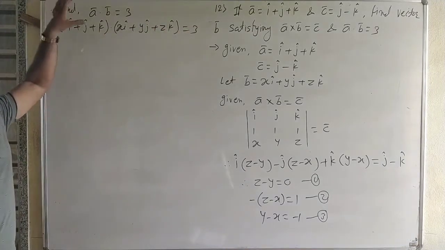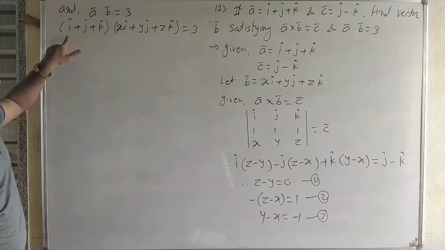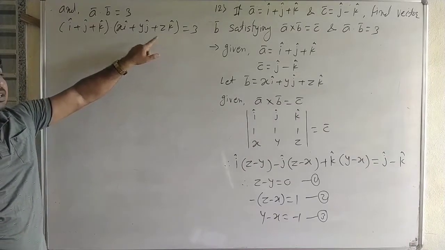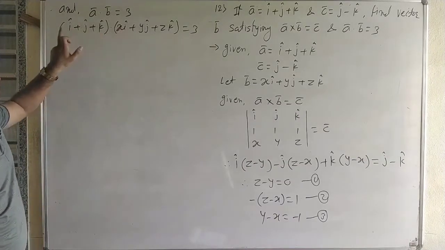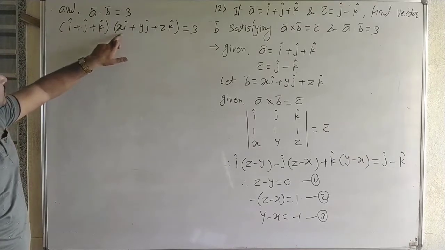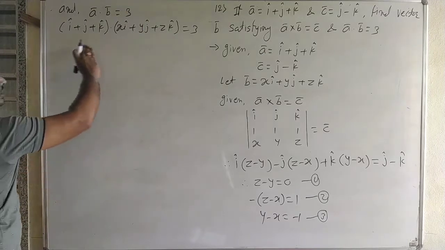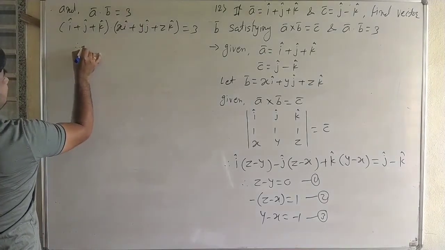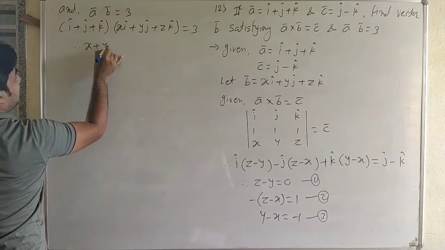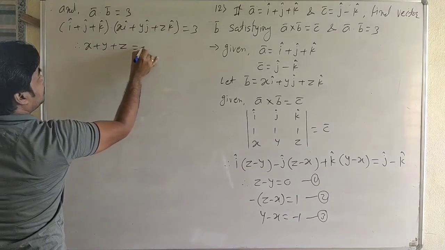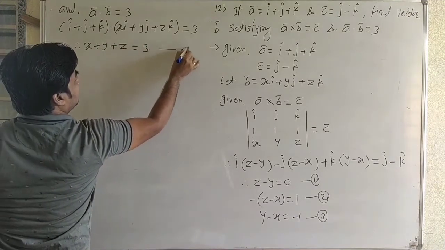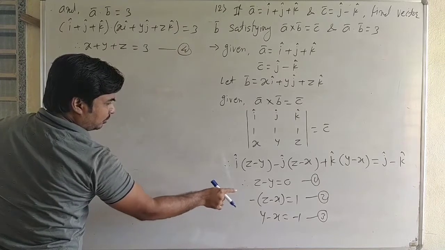Here we find the dot product, using the components: the coefficient of i multiplied, coefficient of j, and coefficient of k. It is x plus y plus z is equal to 3. We get equation number 4, along with equation numbers 1, 2 and 3.